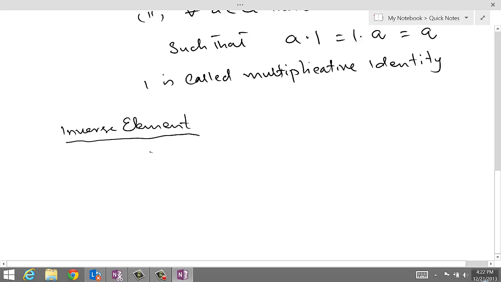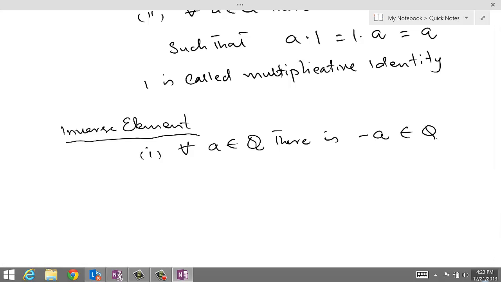So with respect to addition, for all a belonging to Q, there is minus a belonging to Q, which when added to a, will give us the additive identity.